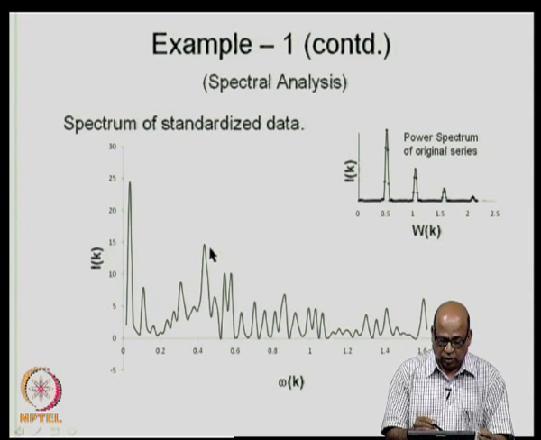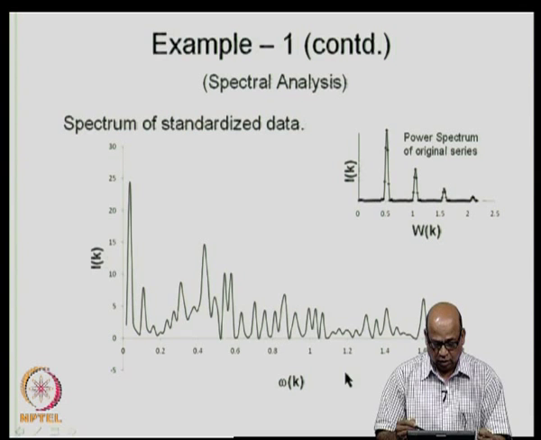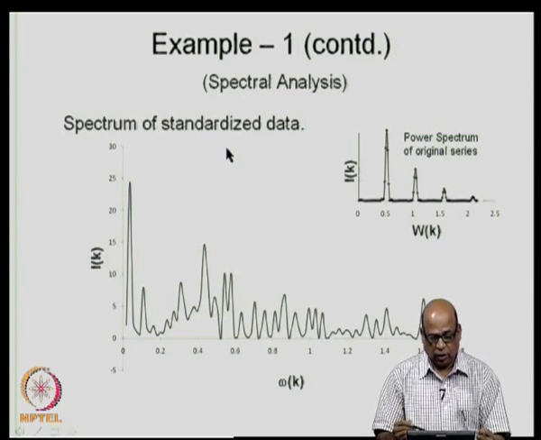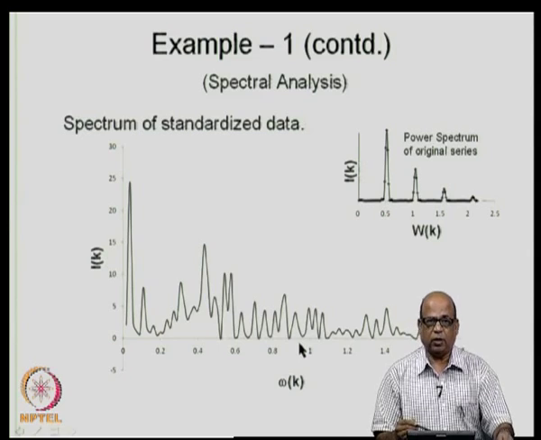No single periodicity has a spectral density any different from any other periodicity here, and therefore the variance is spread more or less uniformly, as you can see from the spectral density of the standardized data.